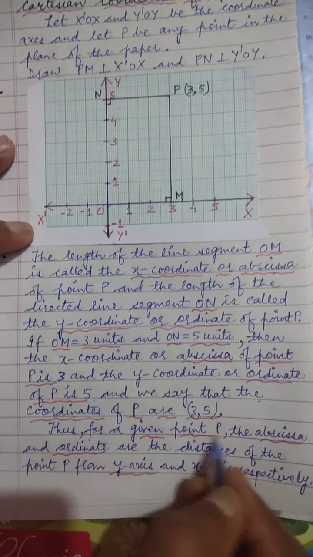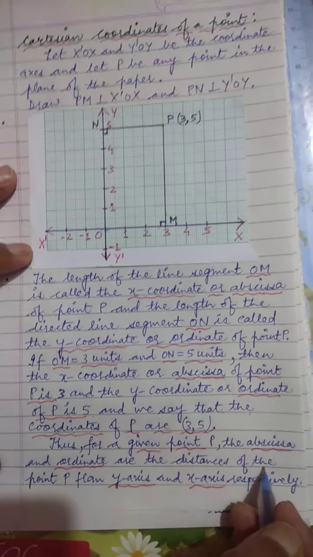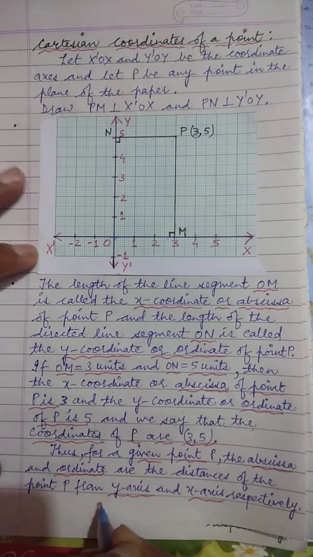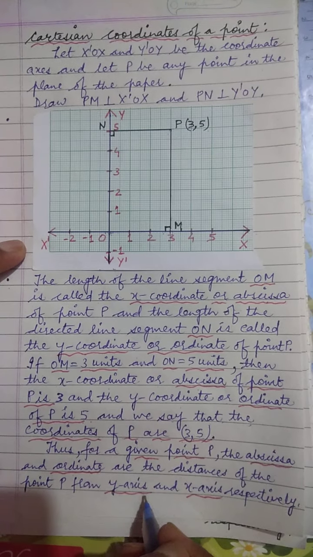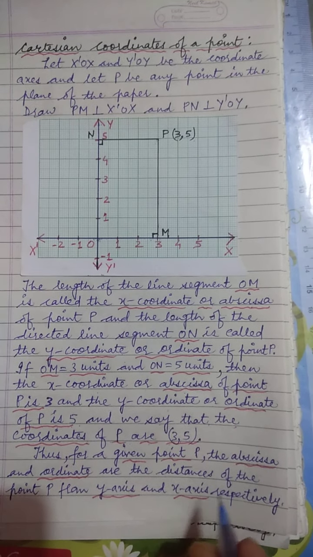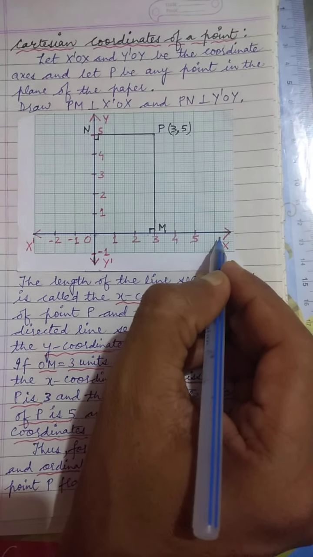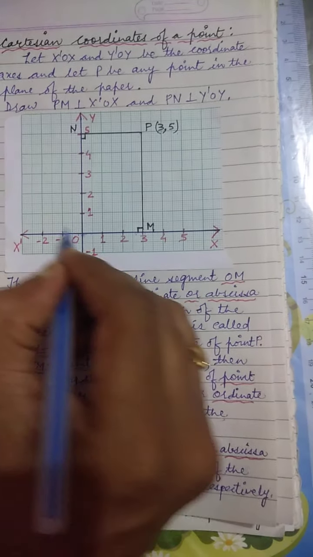Thus, for a given point P, the abscissa and ordinate are the distances of the point P from the y-axis and x-axis respectively. Now, suppose we want to take a point on the x-axis.